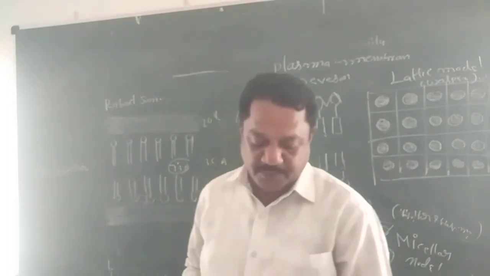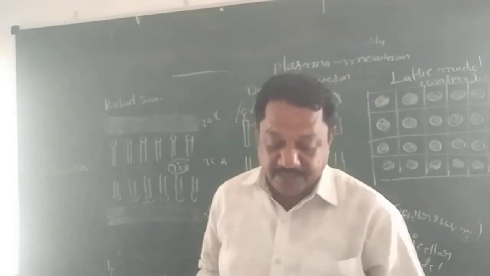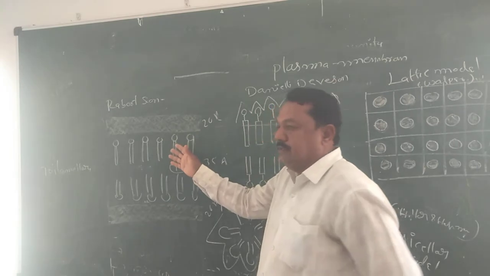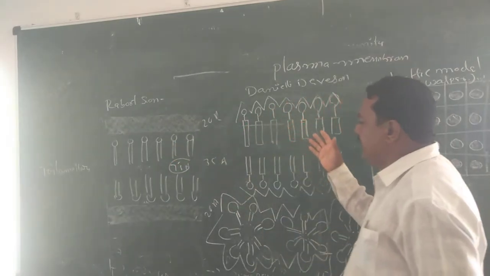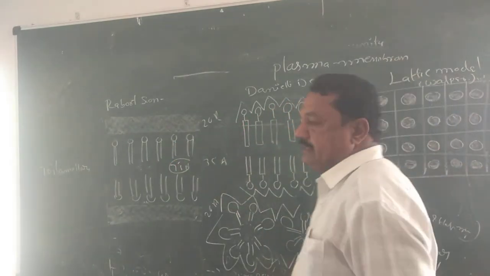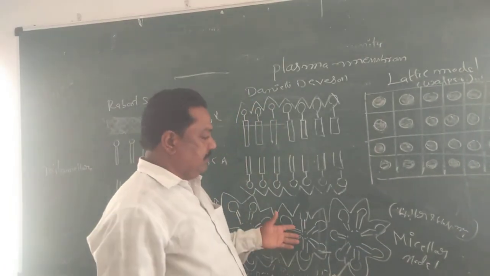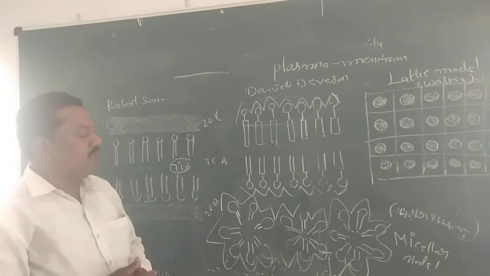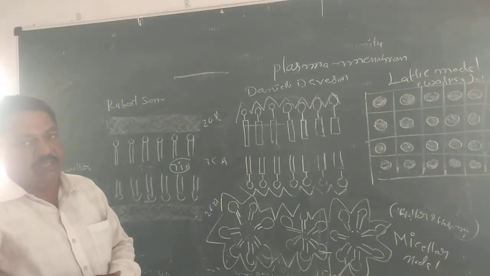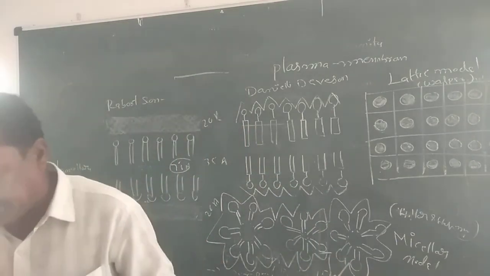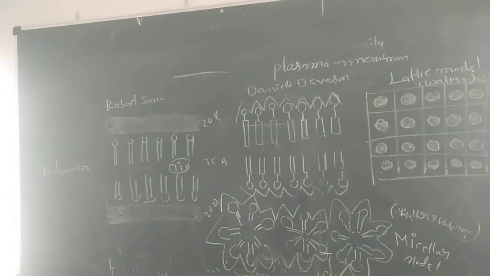The fifth theory is proposed by Singer and Nicolson. Like that, five theories are there: Robertson's trilaminar, Daniel and Davson's bilaminar, the lattice theory by Wolfer, the micellar theory by Hoffman, and the last one is the fluid mosaic theory. So five theories are put forward to explain the plasma membrane structure. Tomorrow we will discuss plasma membrane function.